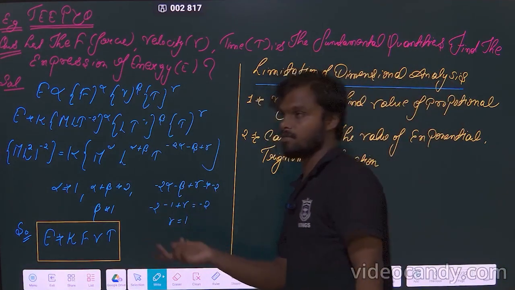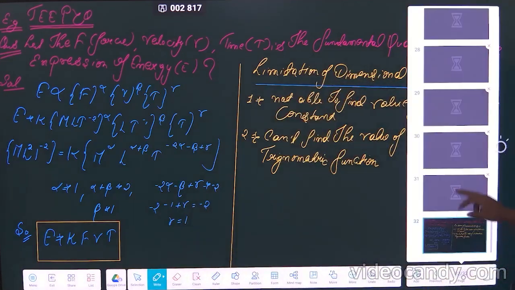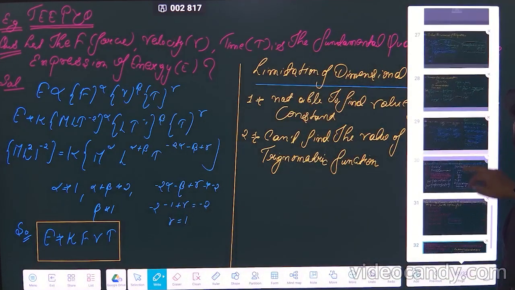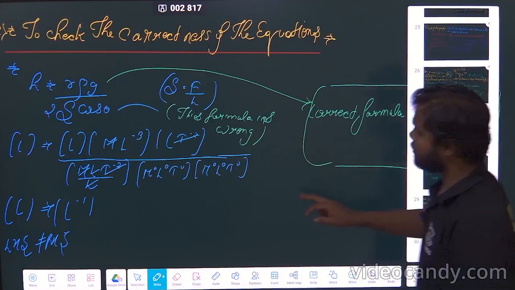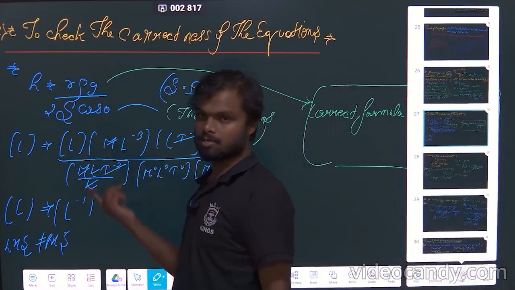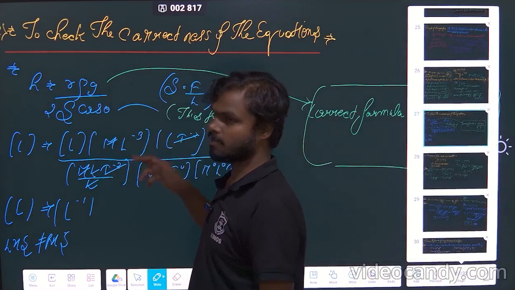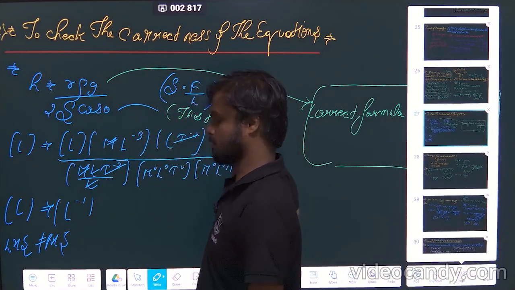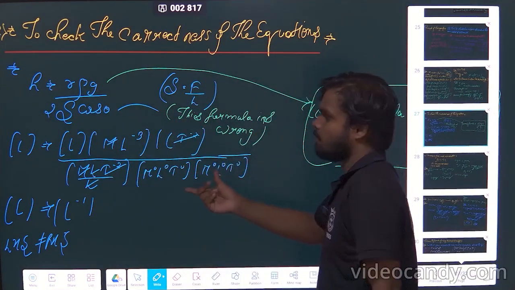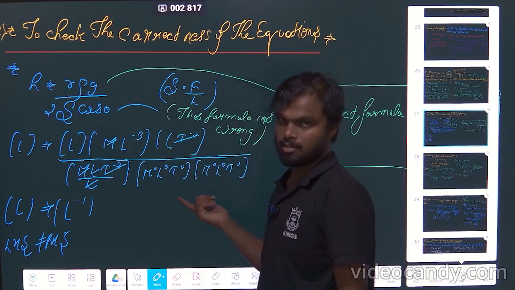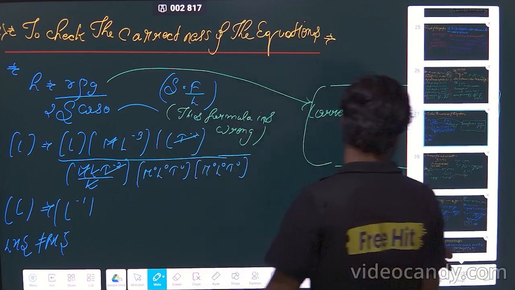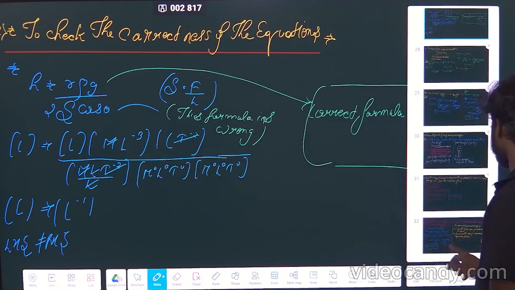If you have any trigonometric function in the expression, you cannot find those values. We have done one example here. Even if it is not there, we cannot determine it, because the formula we derive is correct. That's what I told in the last class also. We cannot derive these values because they are dimensionless. So that is one of the limitations.